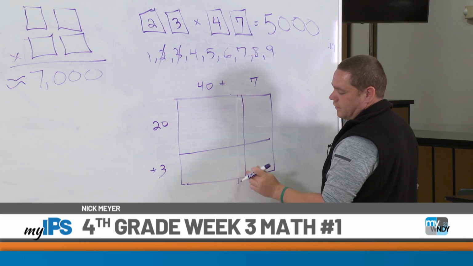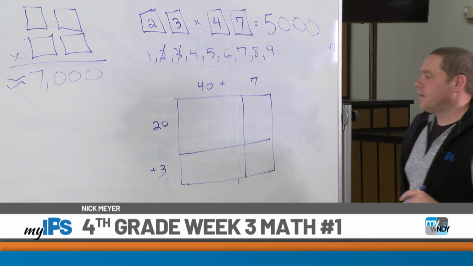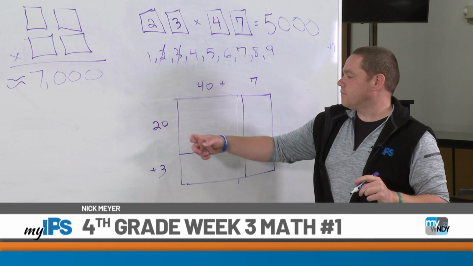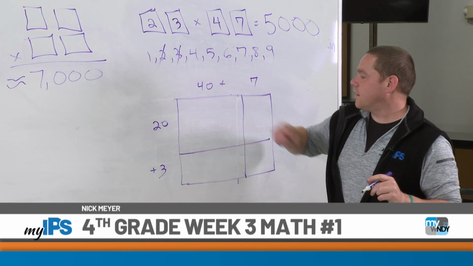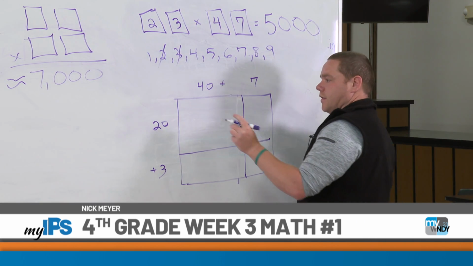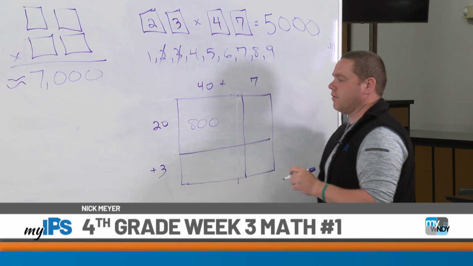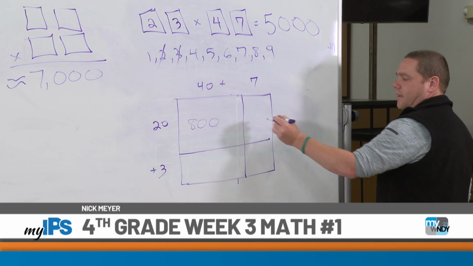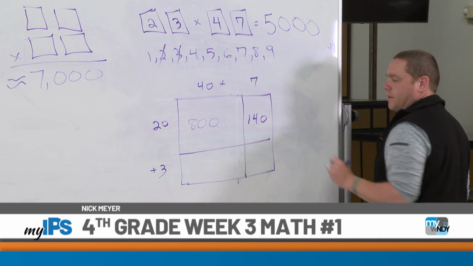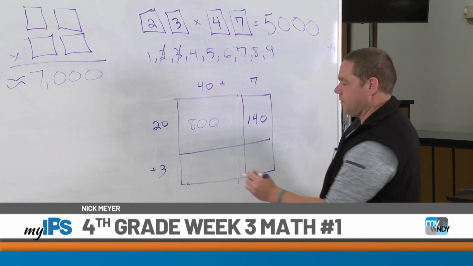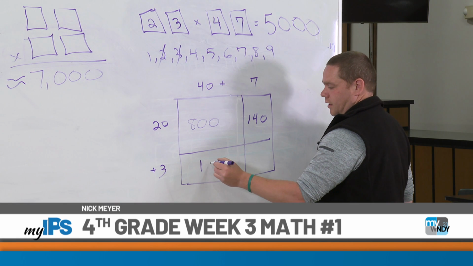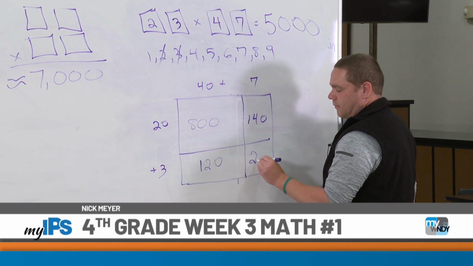So all these different regions in there. So if I do 20 times 40, this region's 800. 20 times 7, this region is 140. If I do 40 times 3, I get 120. And 7 times 3 is 21.